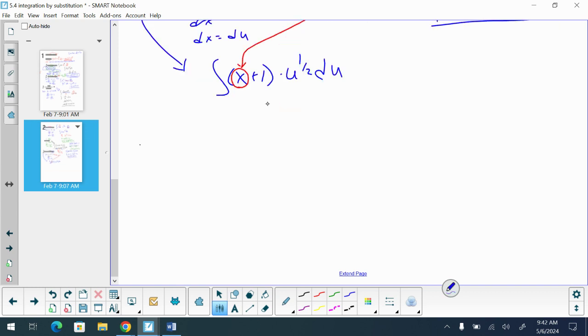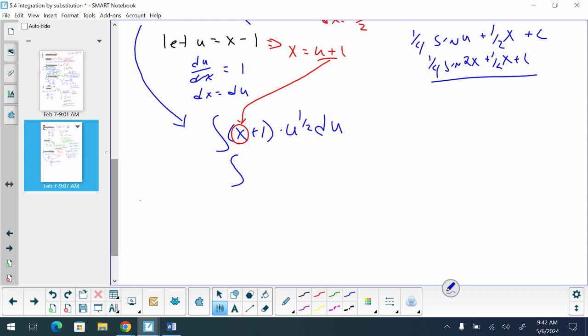So we have the antiderivative of u plus 1 plus the 1 that's already there, times u to the 1/2 du. So we have u plus 2 inside.